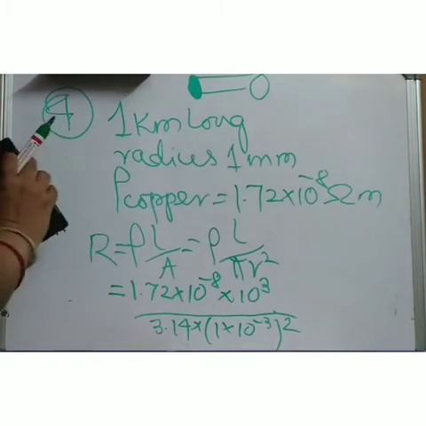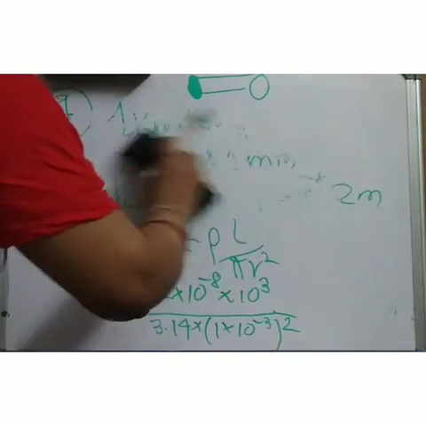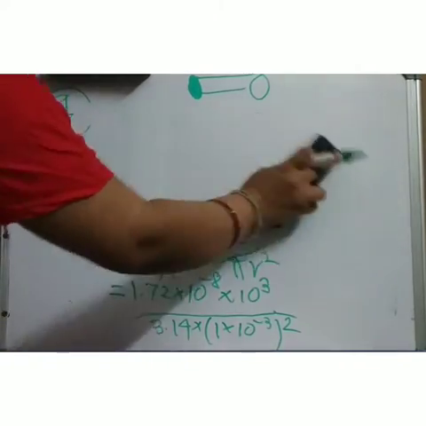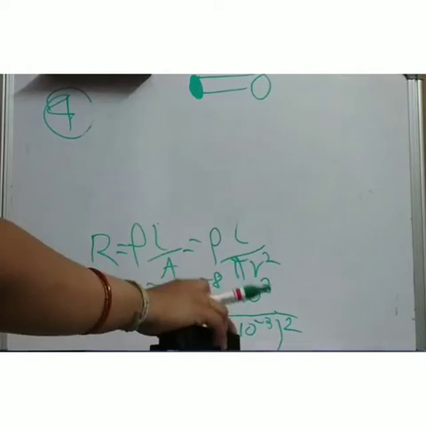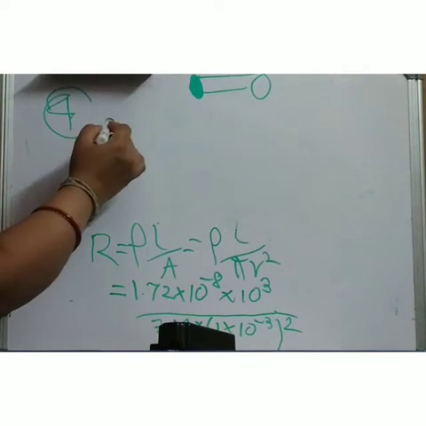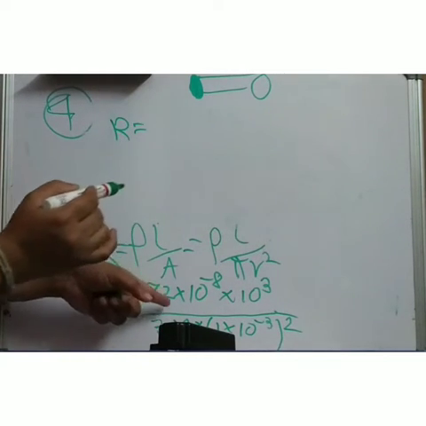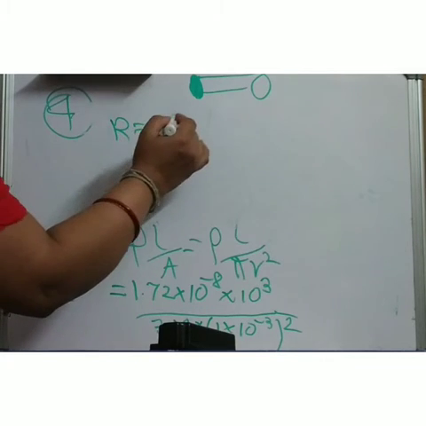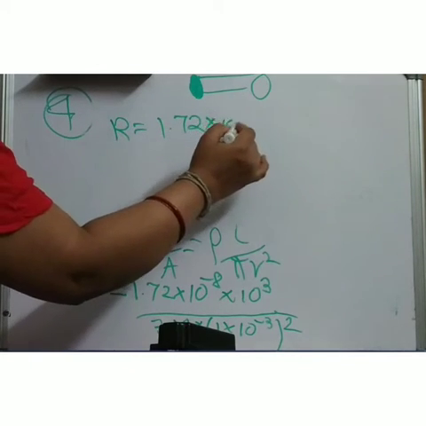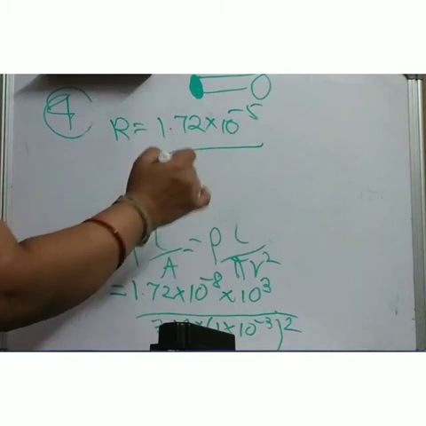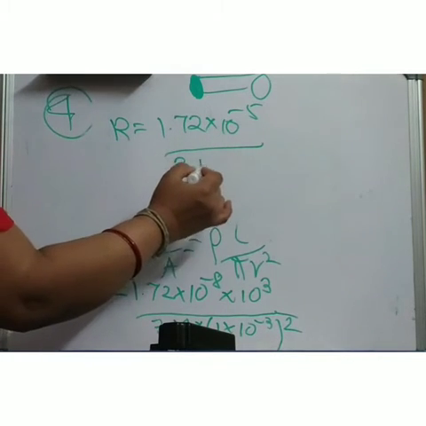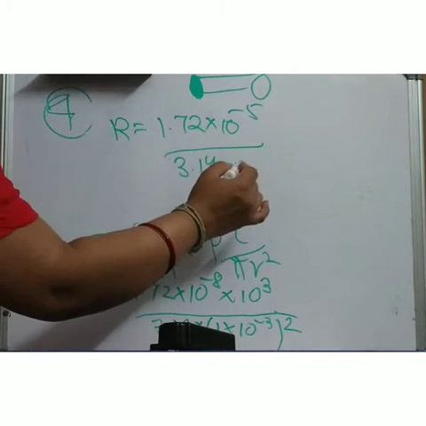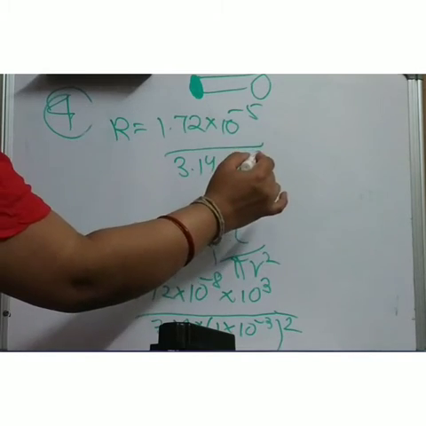Can I rub it now? Yes. I think you have noted all the data. So R is equal to 1.72 into 10 to the power minus 5, divided by 3.14 into 10 to the power minus 6.